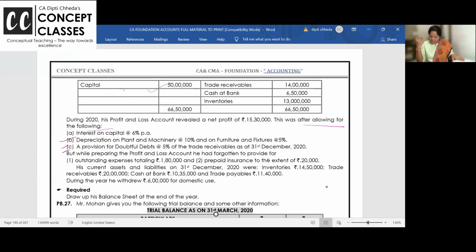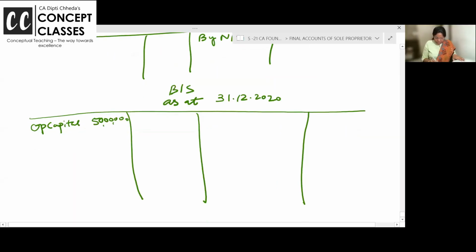Interest on capital is already debited in the P&L. Depreciation is already charged. Just you have to add interest on capital in the capital at the rate of 6%. 50 lakhs ka 6%, 3 lakh.